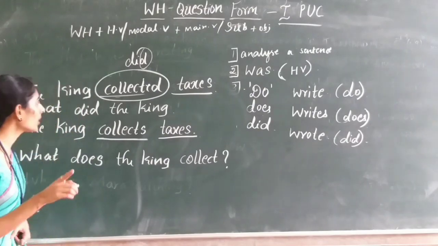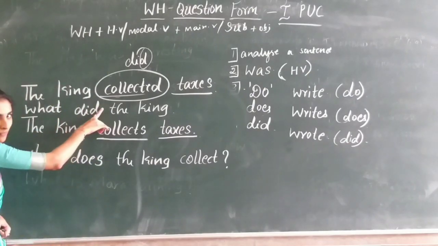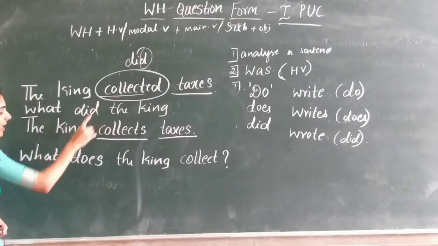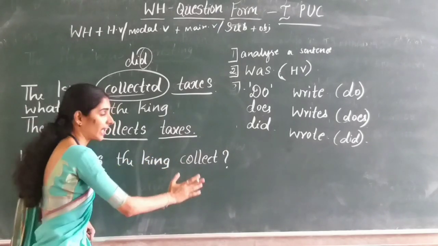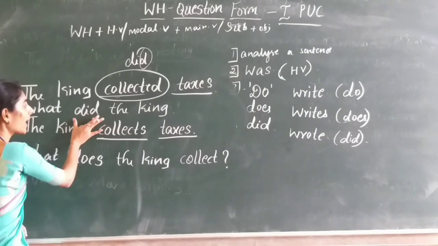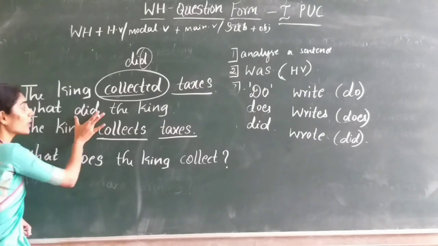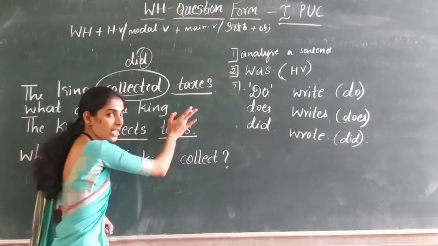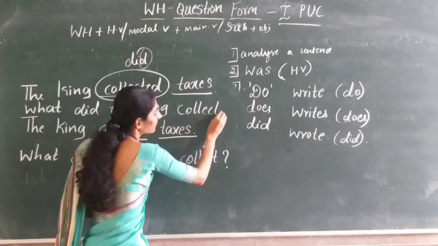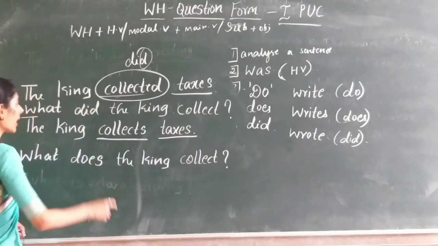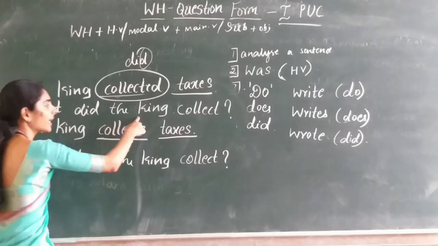The same rule applies even for here. Once you write does, you should not write collects, only collect. In the same way, once you write did, again, you should not write past form of the verb. It has to be only collect. What did the king collect?